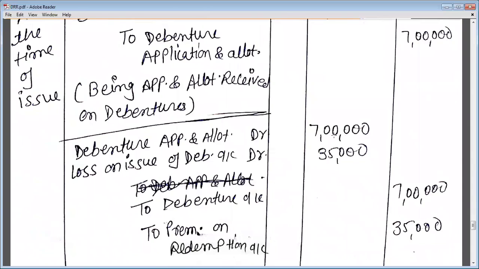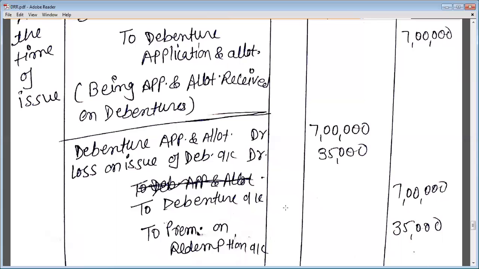Now this loss is because we have to pay premium on redemption. So we credited the premium on redemption. We still haven't paid the premium on redemption. We have to pay this premium in future. So this is a liability for us. That's why we credited this, because we have not paid the premium yet. We have to pay at the time of redemption.